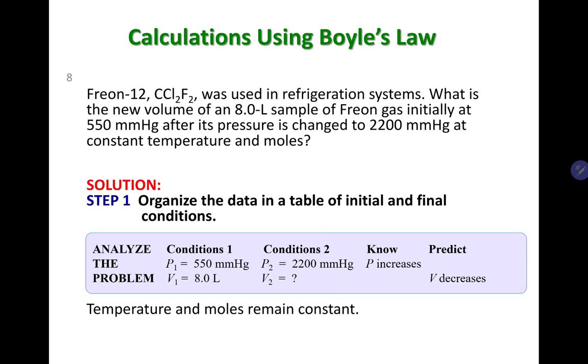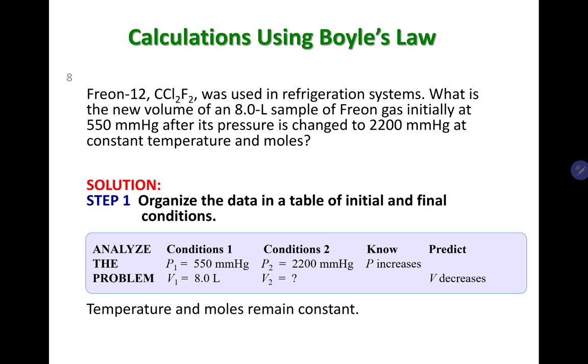What I want you to do is read this example and then pause the video, and see if you could figure out the answer without looking at the solution which is given in this slide. So in here you have a gas called Freon 12, which is CCl2F2.